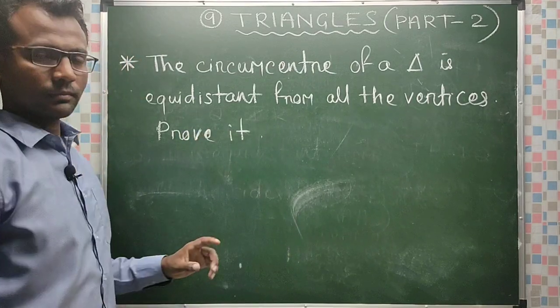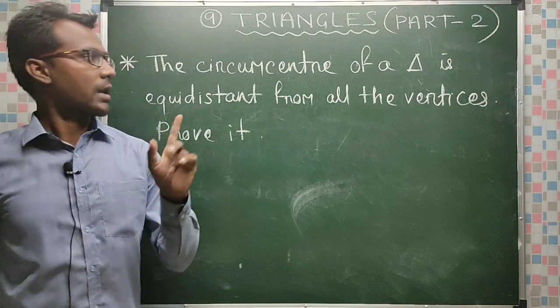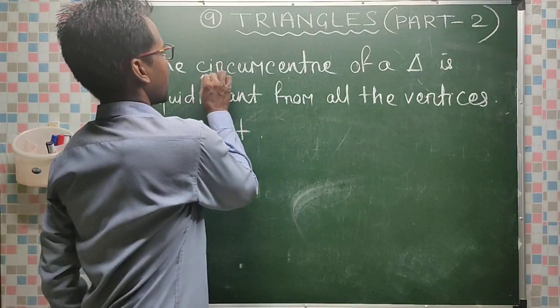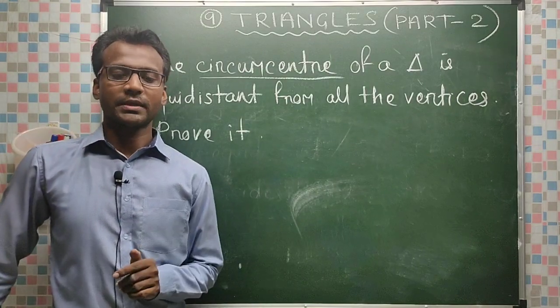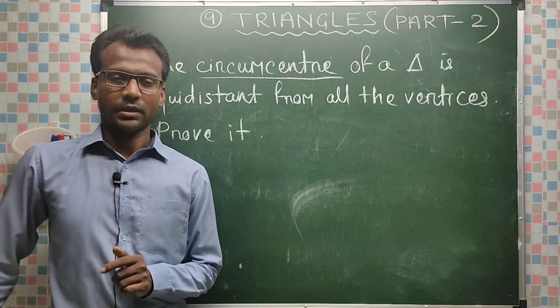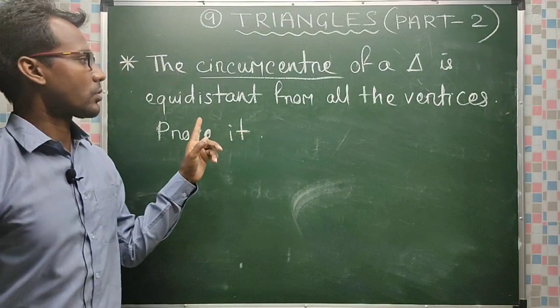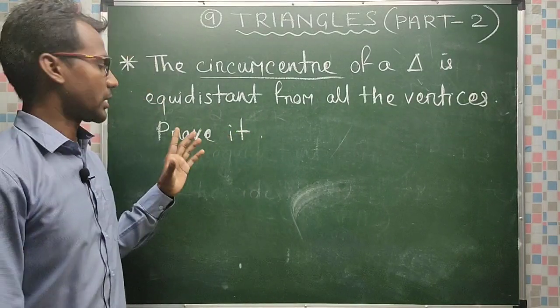Prove it. In the first part I have given the concept of circumcenter. The point of intersection of perpendicular bisectors is called circumcenter, and remember it is equidistant from all the three vertices of the triangle. Let us prove it.